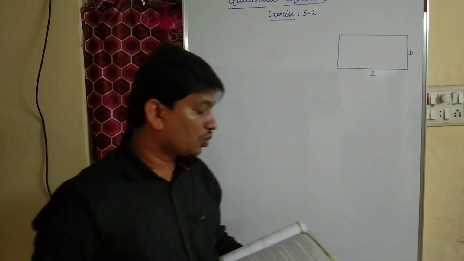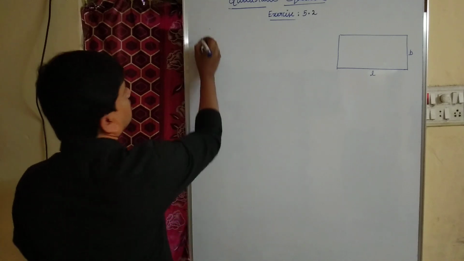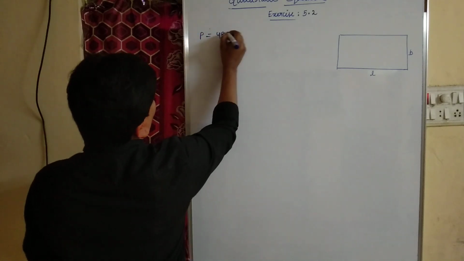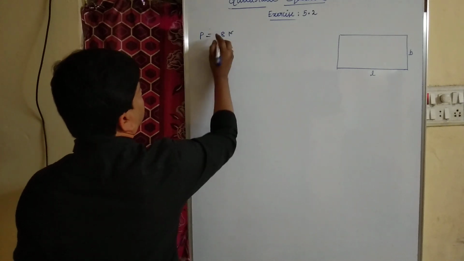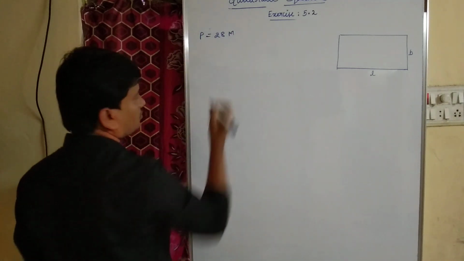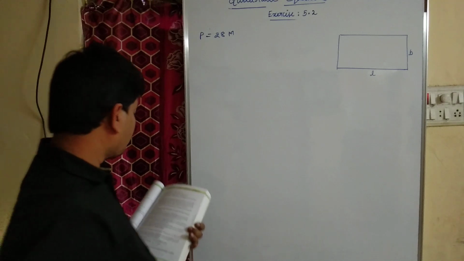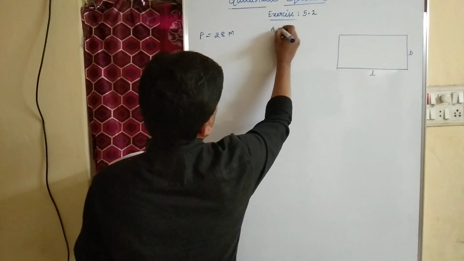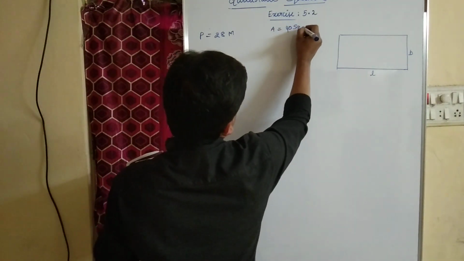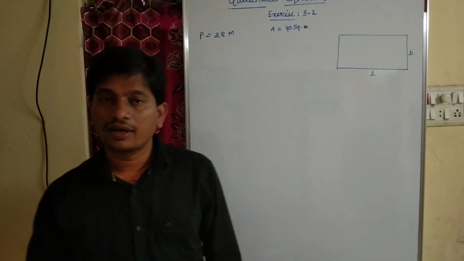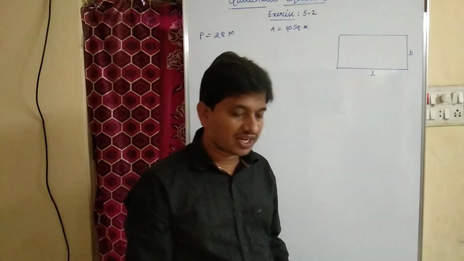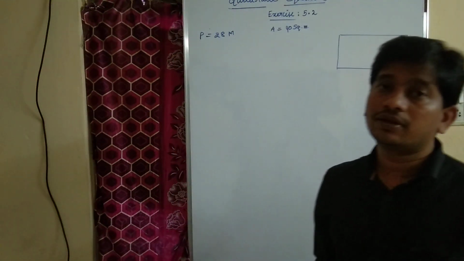What is given? Perimeter is 28 meters, and area is 40 square meters. We need to find the dimensions of a rectangle.